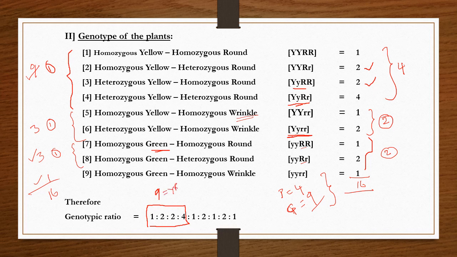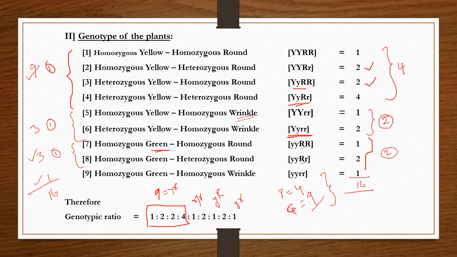And 1 is to 2, that is yellow wrinkled, capital Y small r. Another 1 is to 2 represents the green round, small y capital R. And 1 indicates small y small r.